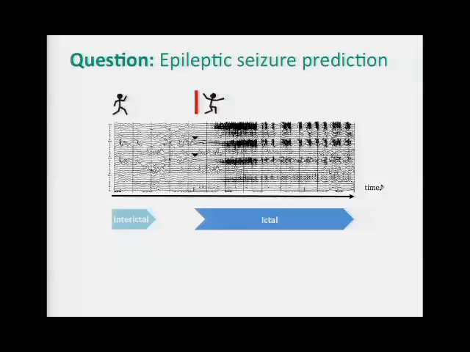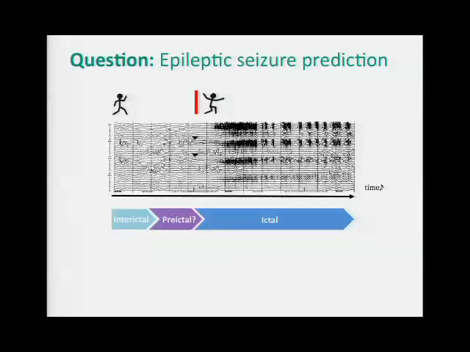But what if we can design or implement a method that will be able to detect the period just before the seizure onset? We have the interictal period, which is between seizures, then the ictal period, which is the seizure. What if we can detect the preictal period?